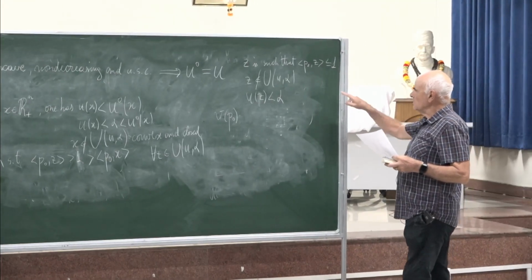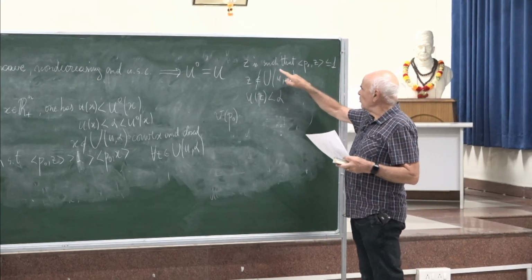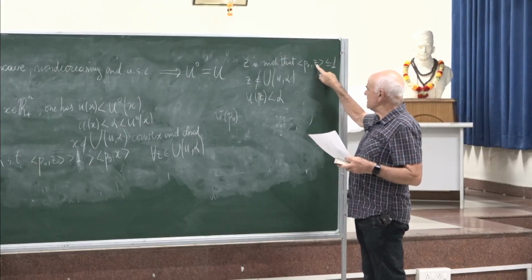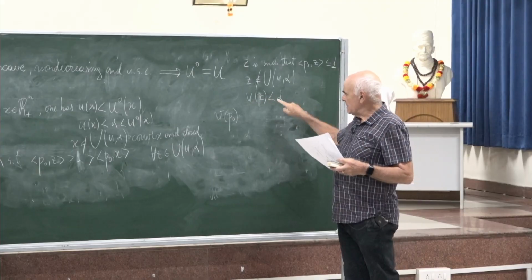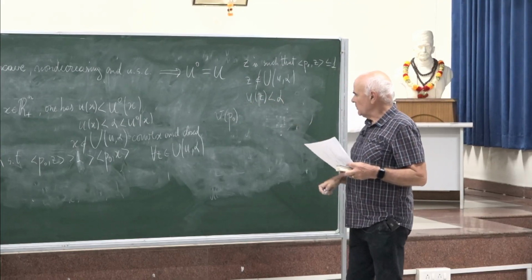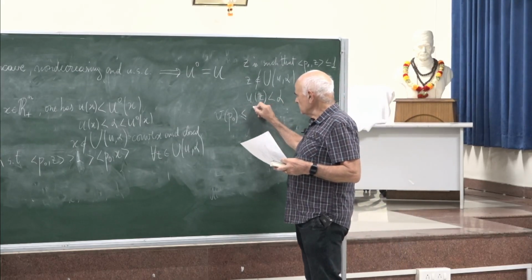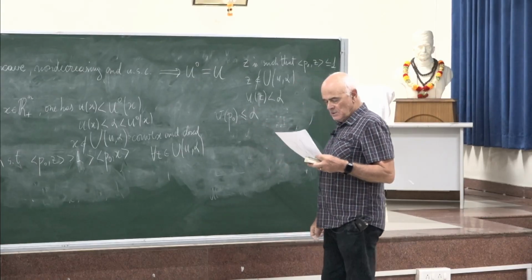v of P naught, which is the supremum of all these sets satisfying this inequality, and all these sets satisfy also this inequality, this should be less than or equal to alpha.